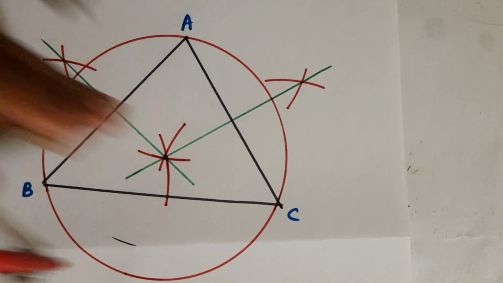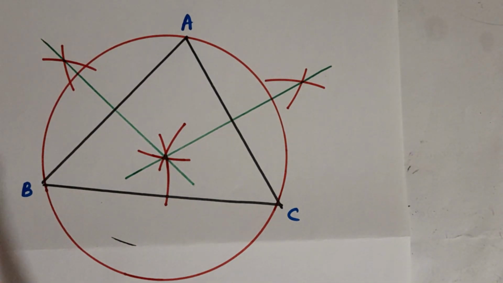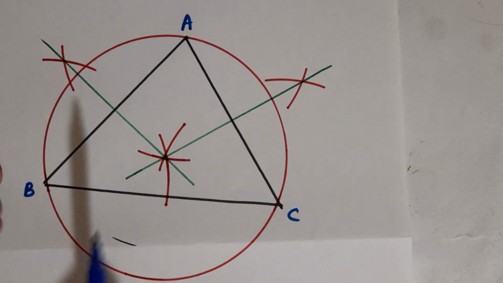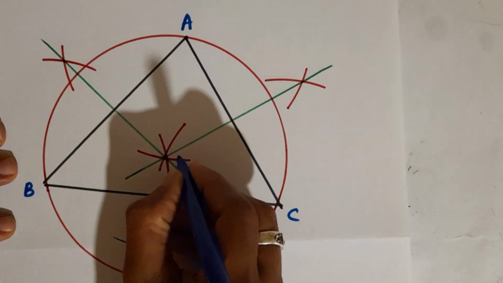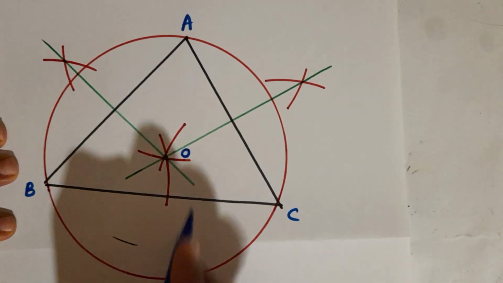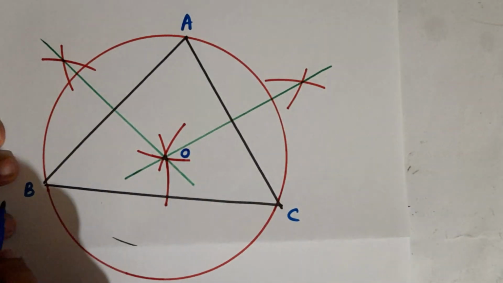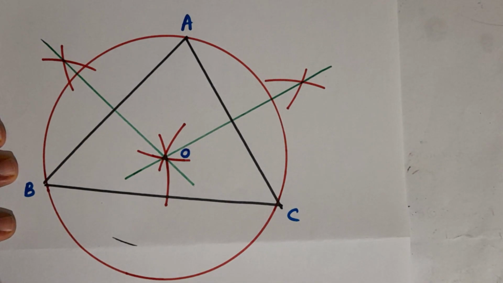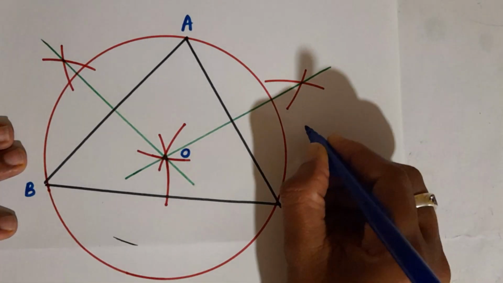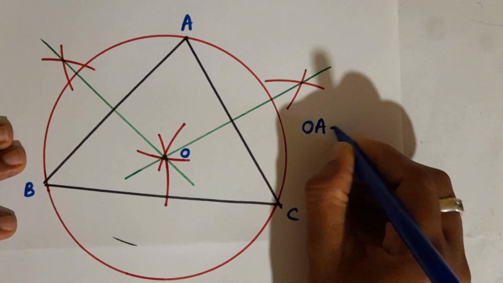If we have done it correctly, the circle should go through each point A, B and C. The center of the circumcircle is this point. I will name it as O. Then these distances OA, OB and OC are equal. We can write it like this.